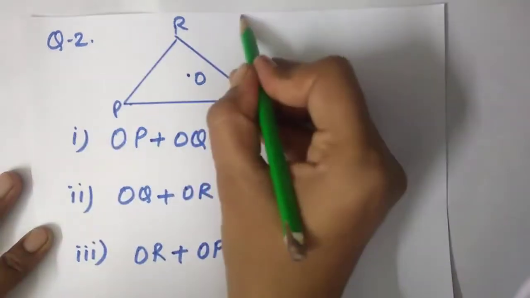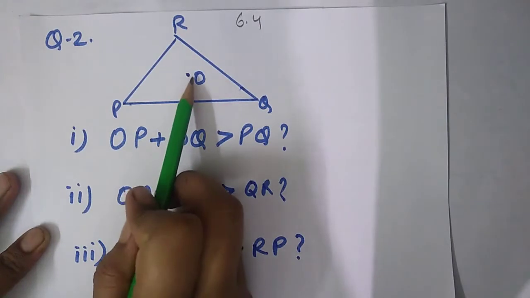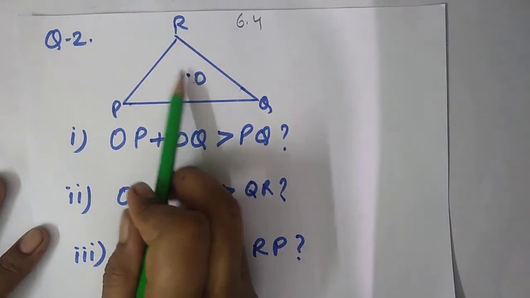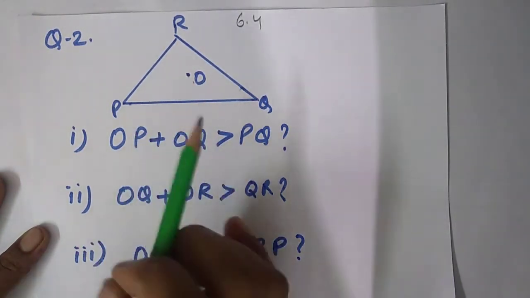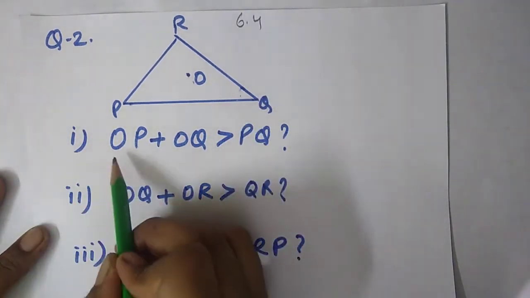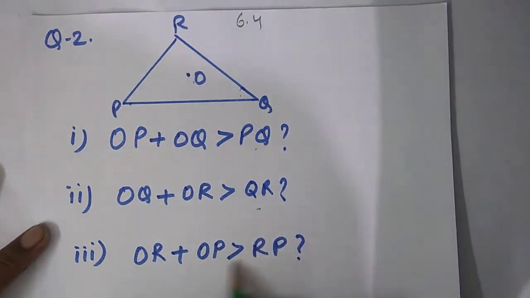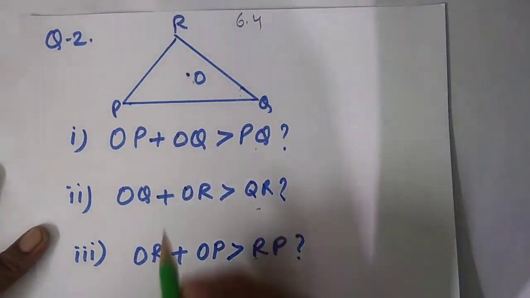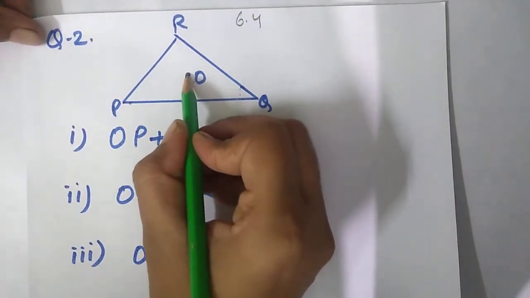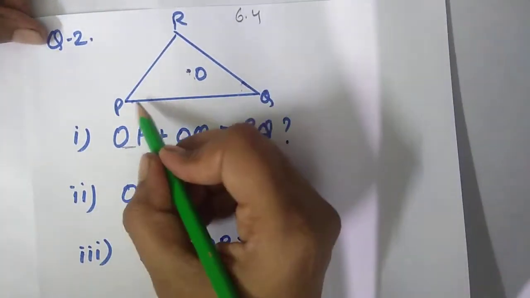Question number 2 of exercise 6.4 says, take any point O in the interior of this triangle, and we have to find whether these inequalities are satisfied. So we have to take a point that is interior to the triangle. The first case is OP, this is OP.